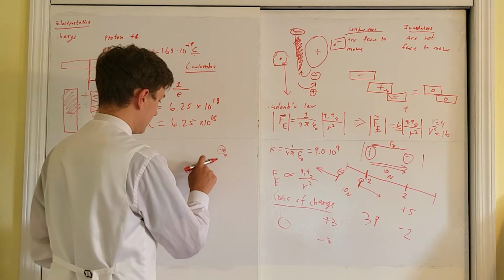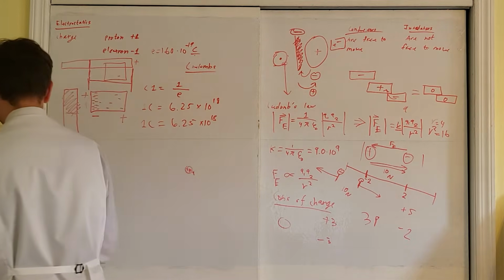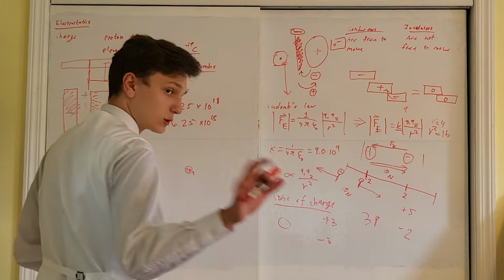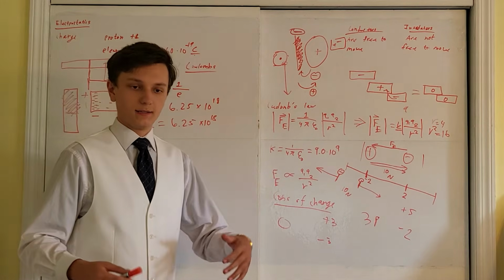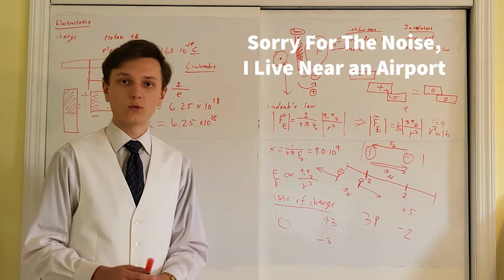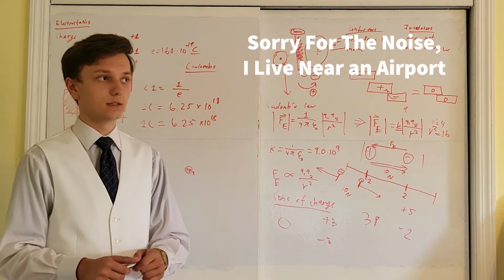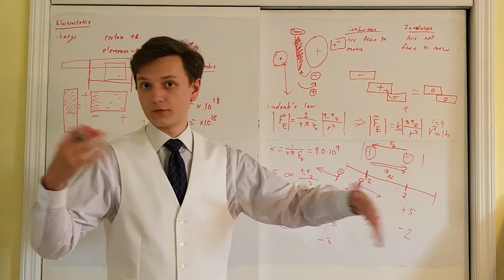When we are dealing with fields and forces and electric potential, which we haven't gotten to yet, don't worry, we say that the positive direction, recall that in Physics 1, whenever we're dealing with vectors, we need to assign which values are positive and which values are negative.